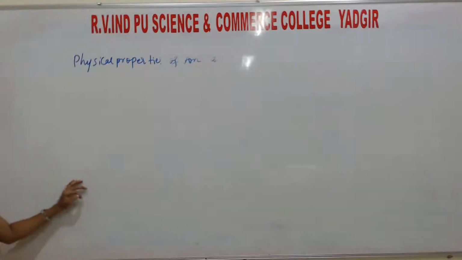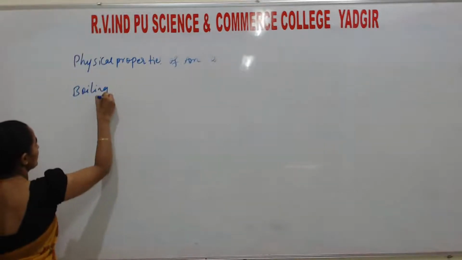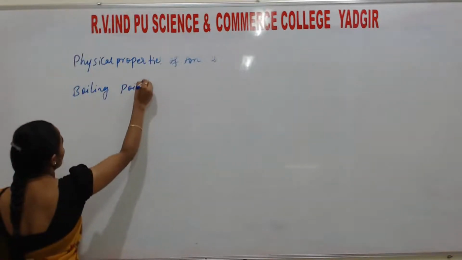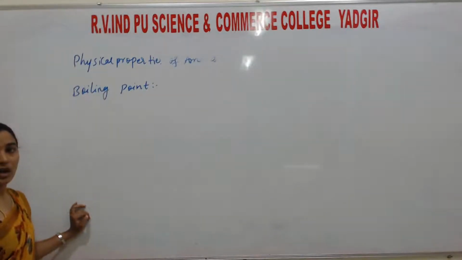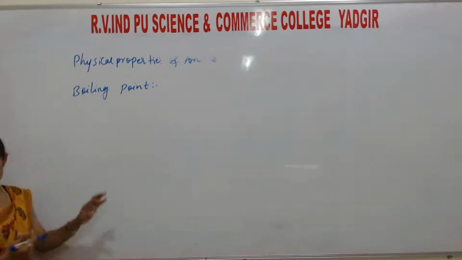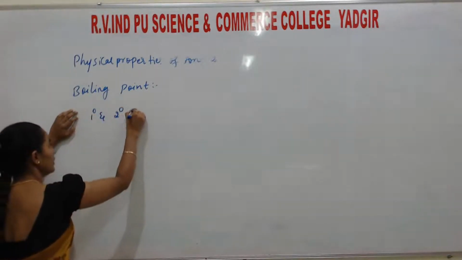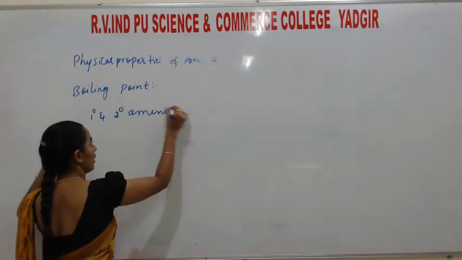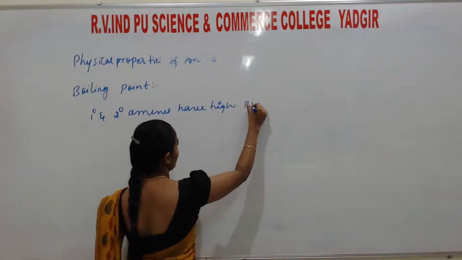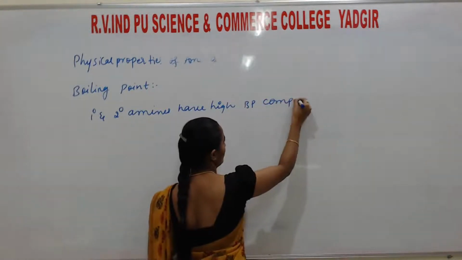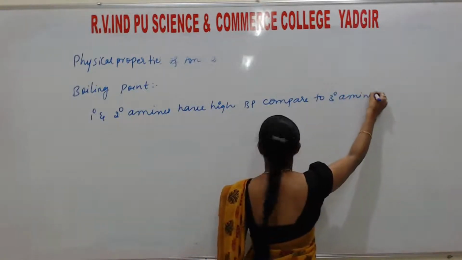Next one is boiling point. This boiling point also depends upon hydrogen bond. So students, here the primary and secondary amines have high boiling point compared to tertiary amines.